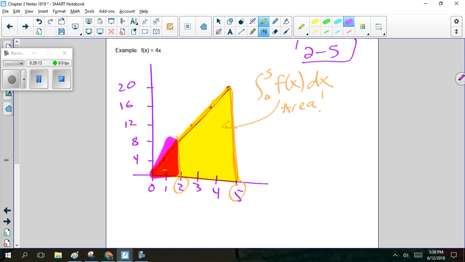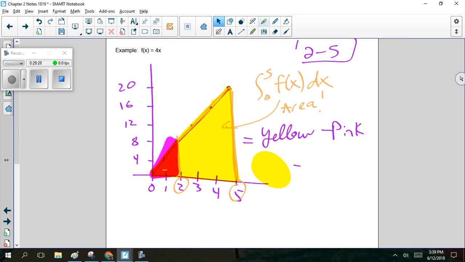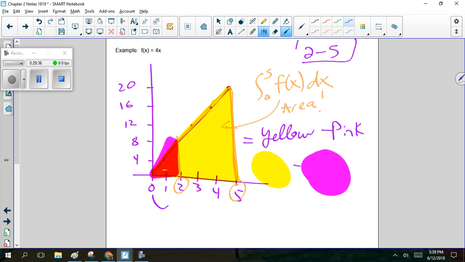So the big yellow triangle minus pink, right? So let's see, the yellow area, well, that's a triangle that is 5 by 20, right? So area is 1/2 base times height. So 1/2 times 5 times 20. 5 times 20 is 100, half of that is 50.